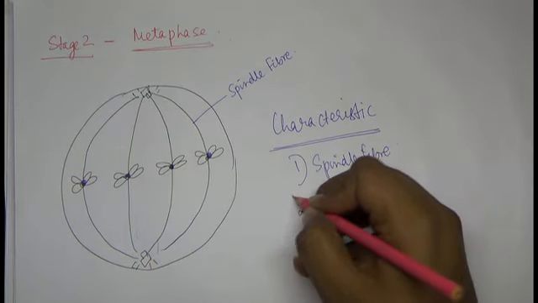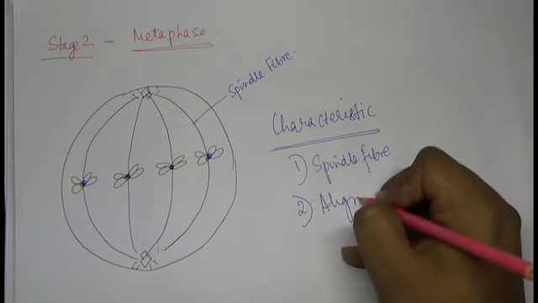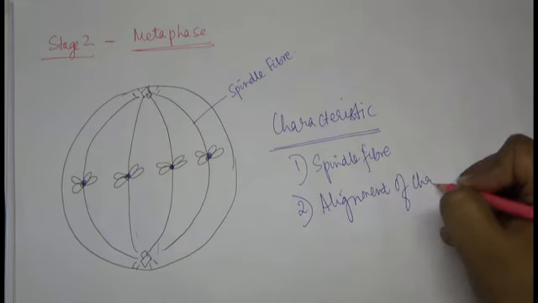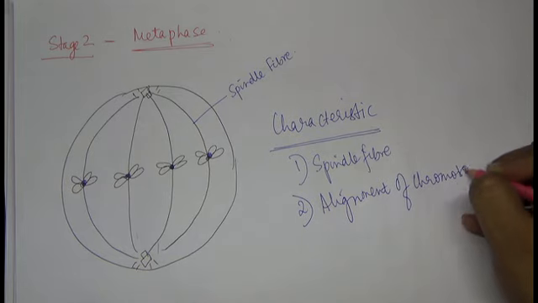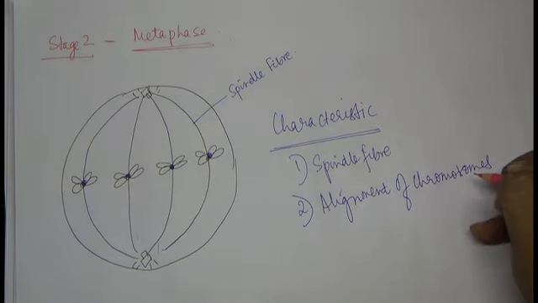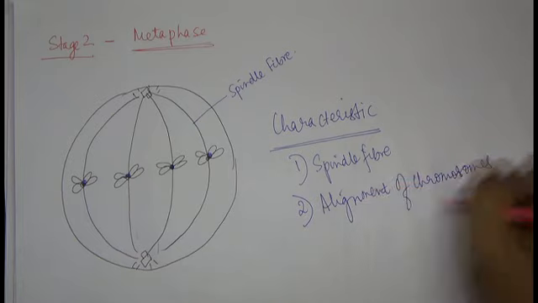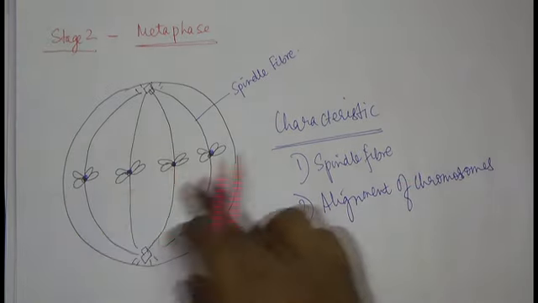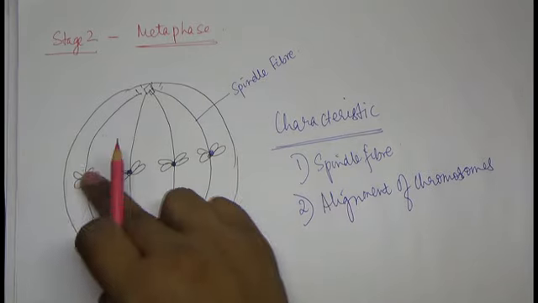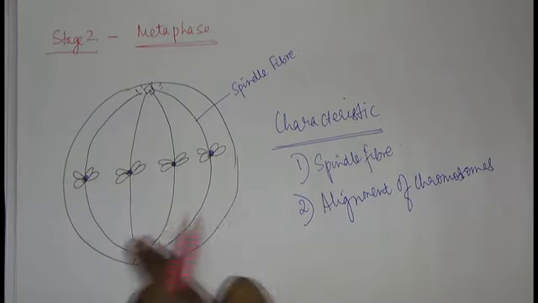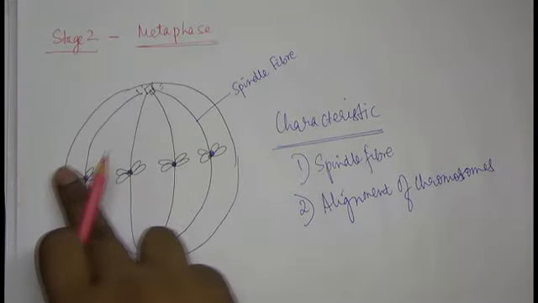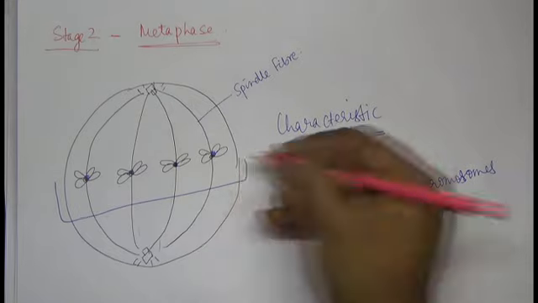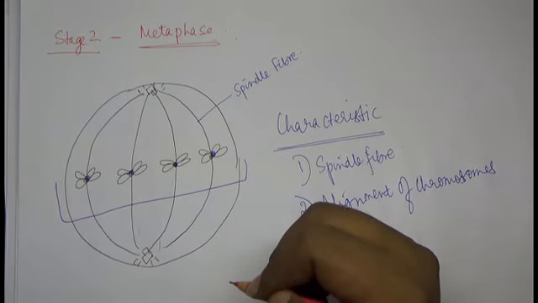Number 2 is alignment of chromosomes. Okay, the chromosomes are basically aligned in a particular region. You can see it can also be aligned here, but it never aligns itself here or here. It aligns right at the middle. Again, if you imagine it to be the earth, this region will be called the equatorial region.